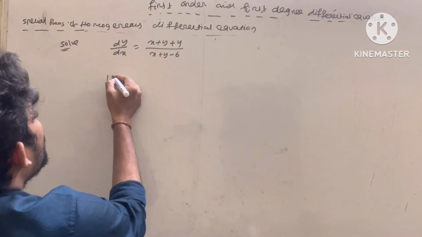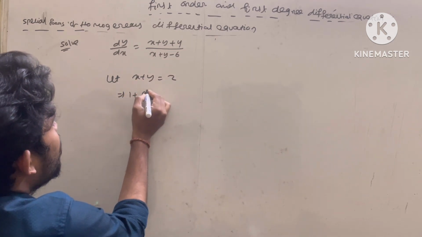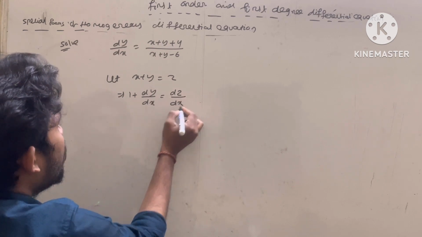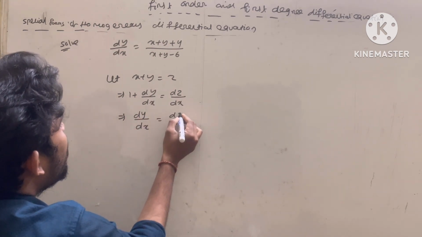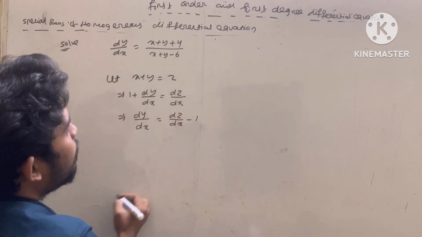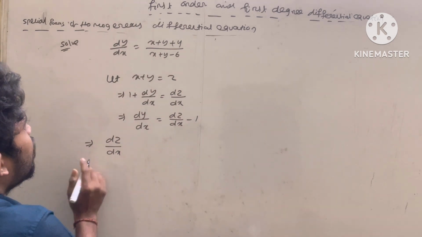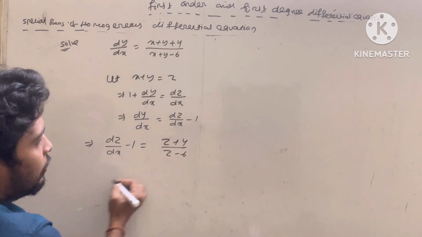In that case you have to take let x plus y equal z. So this becomes 1 plus dy by dx equal to dz by dx. Okay, so dy by dx is simply dz by dx minus 1, and this becomes dz by dx minus 1 equal to (z plus 4) by (z minus 6).